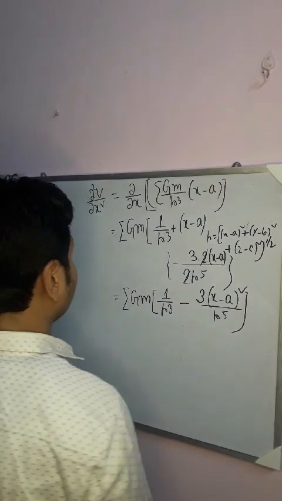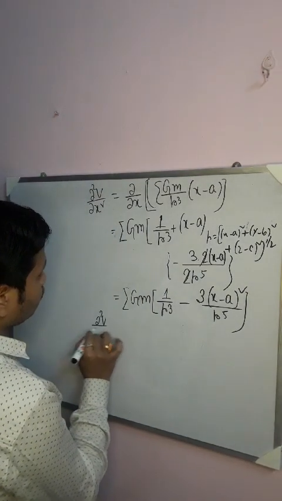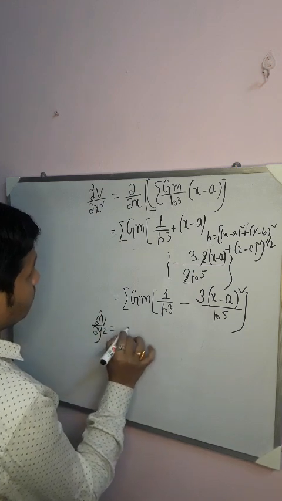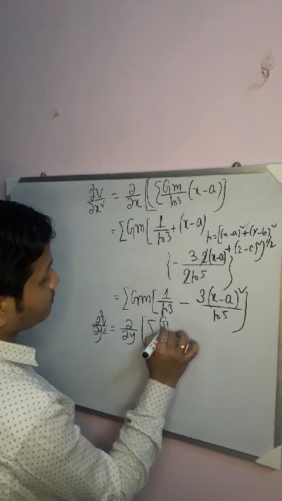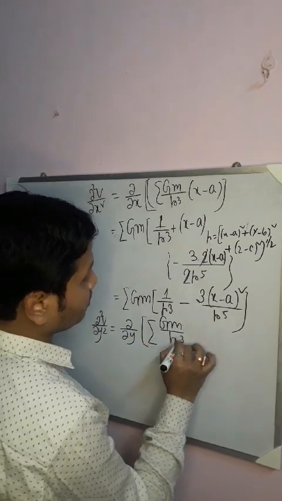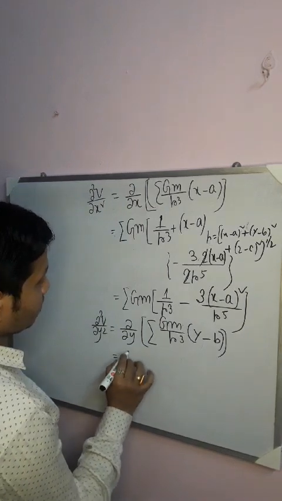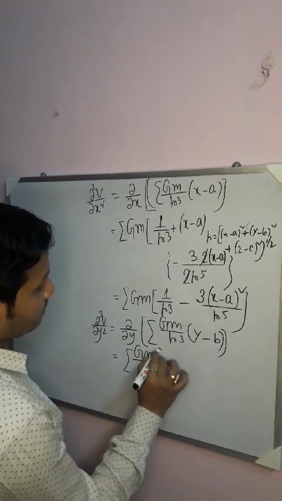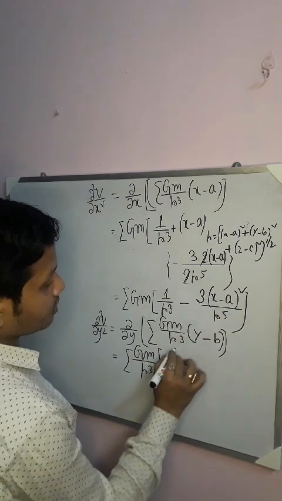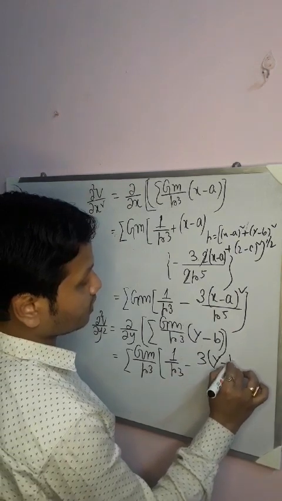Fine. Now similarly if we do it, that means ∂²V/∂y², that means ∂/∂y, we have to put this GM by r cube into (y minus b). So if we do it, what will be the result? Similarly, just we write instead of (x minus a), we write (y minus b).